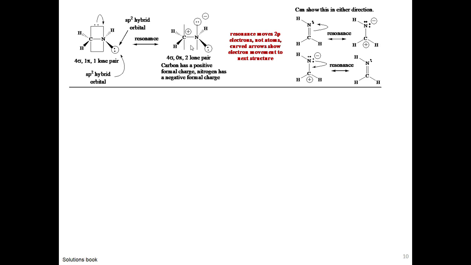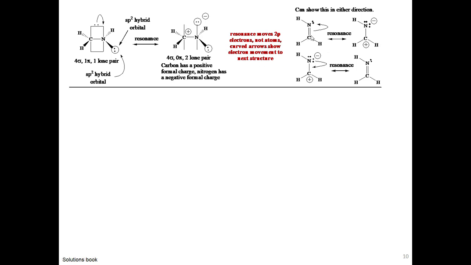I don't change the shape of any atom. I don't change the orbitals at all. I just change where the electrons are. But when I do that, I stole the electrons from carbon, so it becomes plus, and I gave the extra electrons to nitrogen, so it becomes minus formal charge. This is not as good a resonance structure, but it is still a valid resonance structure. It's useful in certain situations to look at it this way.